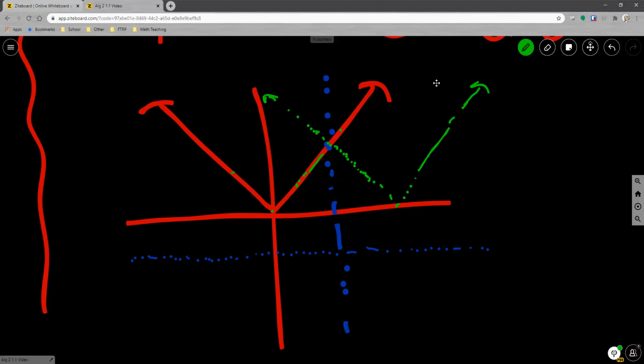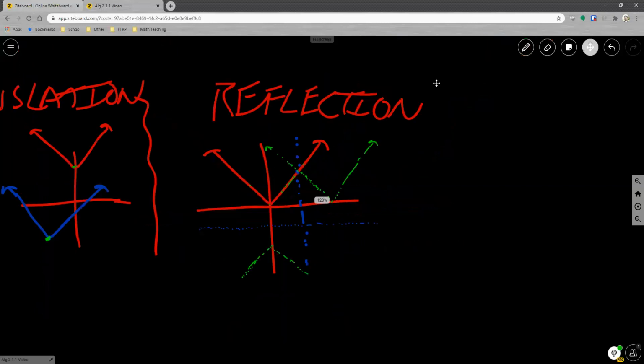I could take these same points and reflect them vertically over my horizontal line and create a reflection of the function that looks like an upside down version of the original. So that's a reflection.